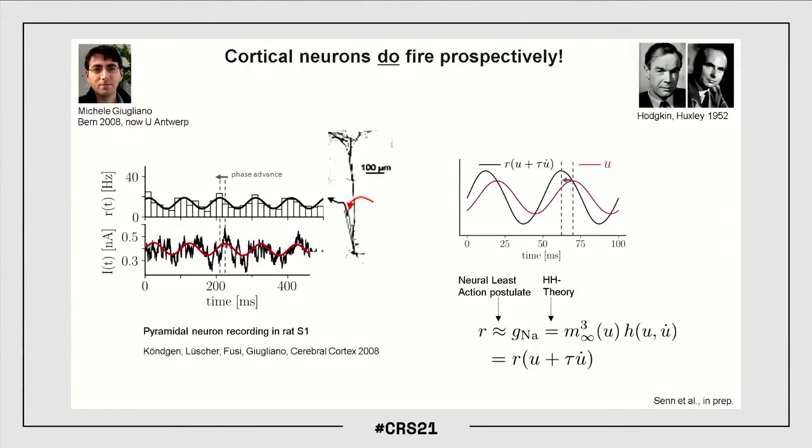And you can model this type of processing using this Hodgkin-Huxley idea. Whenever you have a fast activation time variable and a slow inactivation, you get this type of looking ahead. So we can model this firing rate of pyramidal neurons as not an instantaneous function of U, but a function of U looking ahead into the future.